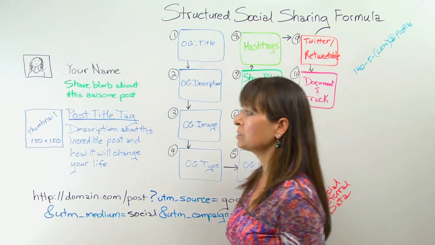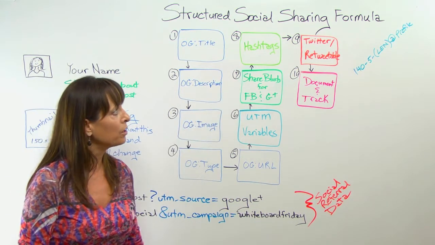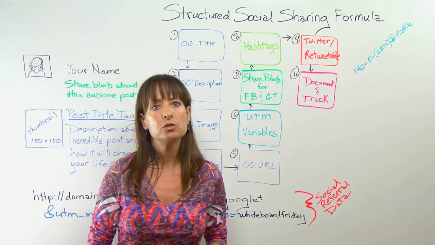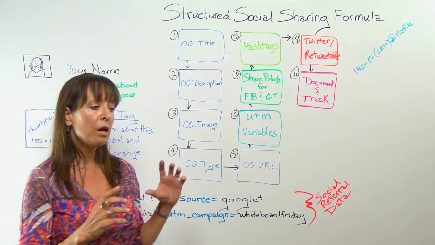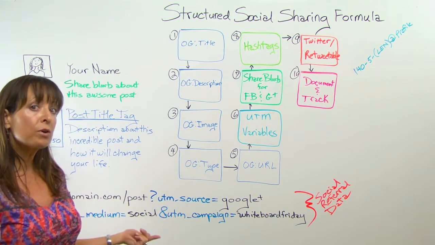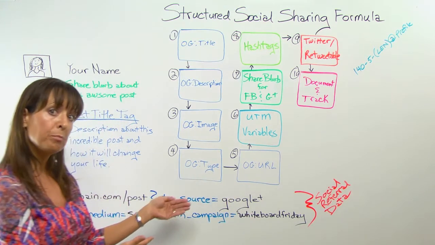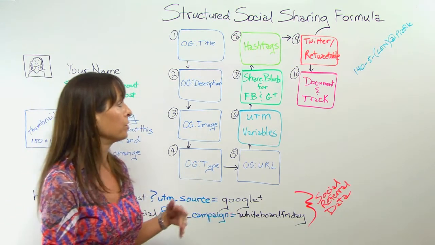All right, so let's move back and talk a little bit more about Twitter. Moving on in our formula here, you want to make sure that your tweets are retweetable. What you want to start with is your campaign variables first, then create your short URL. It may be bit.ly or it may be a custom URL shortener.